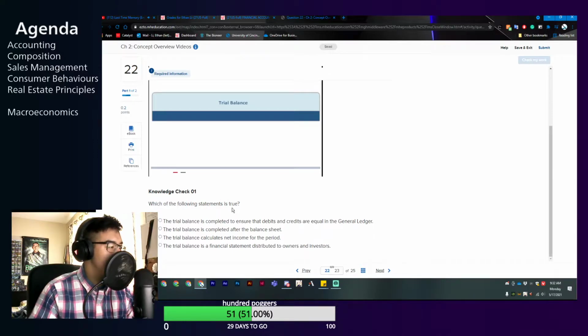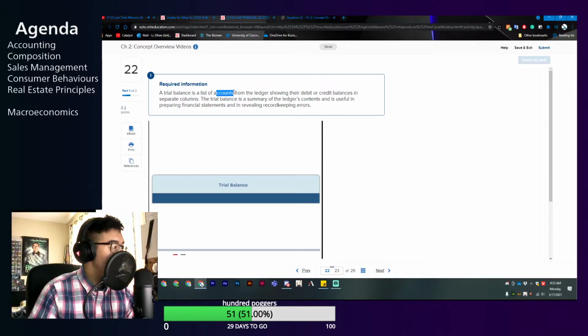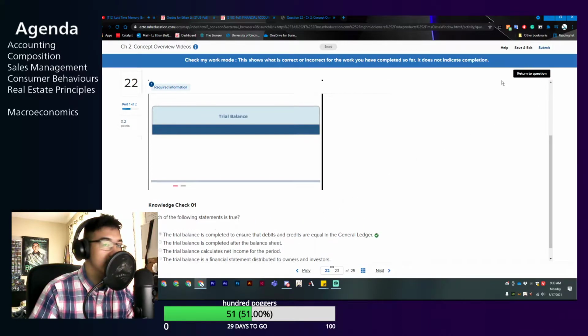Which of the following statements are true? A trial balance is a list of accounts from the ledger showing their debit or credit balances. Okay. I hope that's maybe true. Yep.